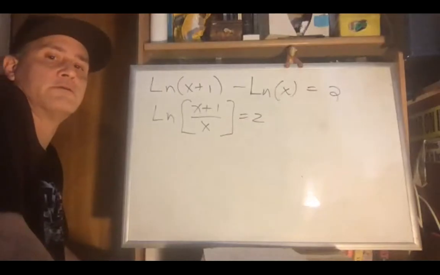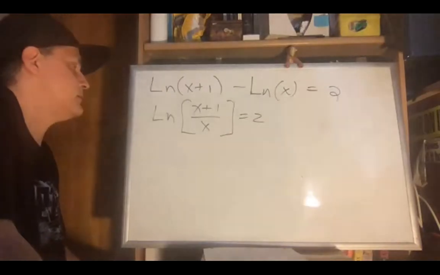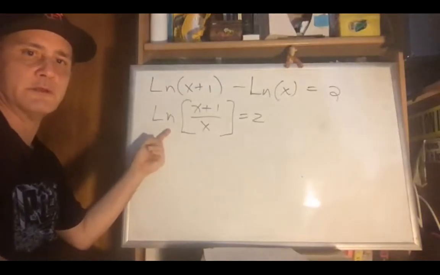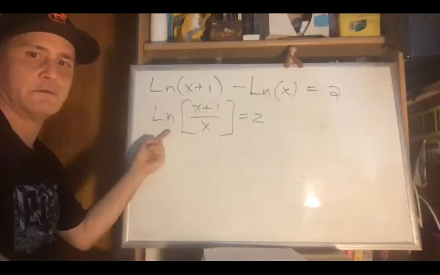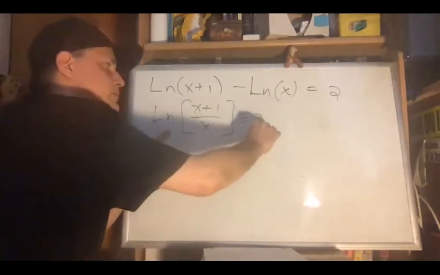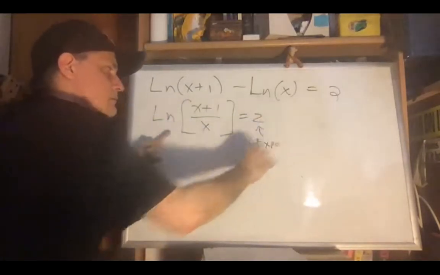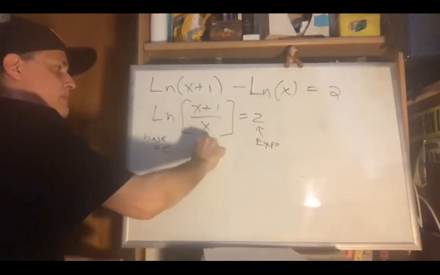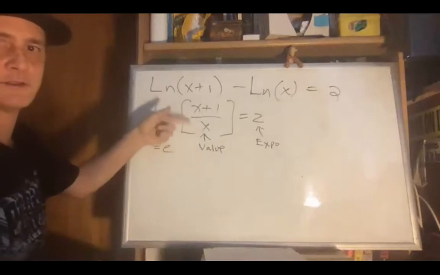Okay, now here's where it gets fun. We need to rearrange this, but we're going to have to use Euler's number, which is not intuitive. And we know the exponent is 2. And this is the value. Now, I'm not going to simplify that just yet.